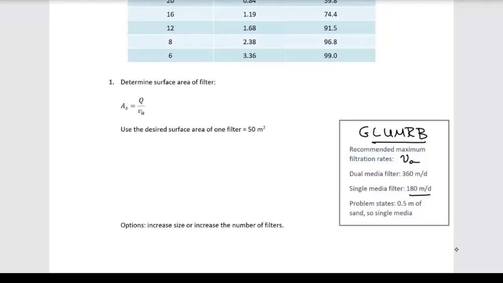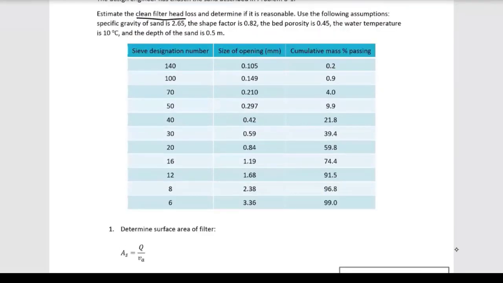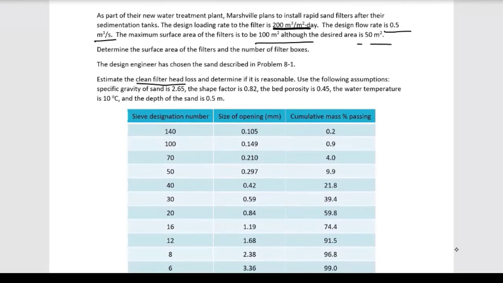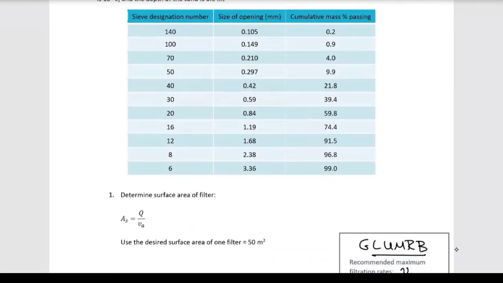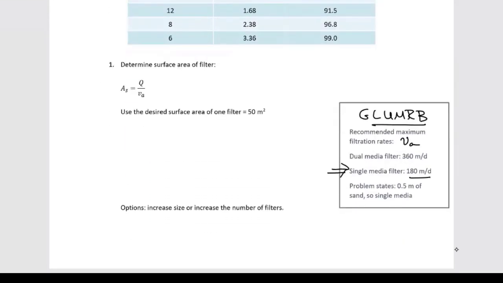The problem states 0.5 meters of sand, so we're going to assume we have a single media. So even though you're told here that your design loading rate is 200, we're going to make the decision as the engineer that we really want to reduce that to 180 to comply with the GLUMRB standards.